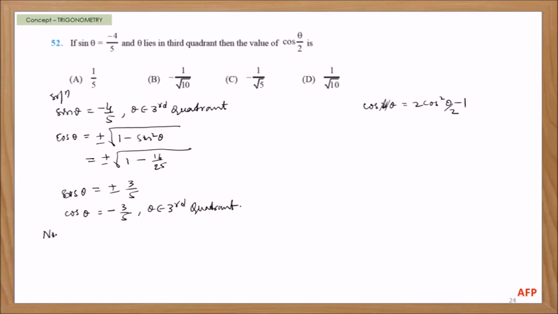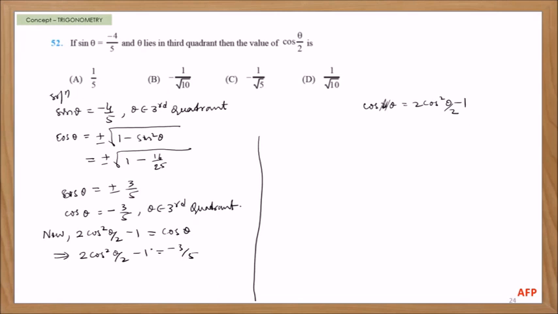Next, now 2 cos square theta by 2 minus 1 is equal to cos theta. This implies 2 cos square theta by 2 minus 1 is equal to minus 3 by 5. So go for 2 times cos square theta by 2 is equal to 1 minus 3 by 5, so 2 times cos square theta by 2 is equal to 2 by 5.